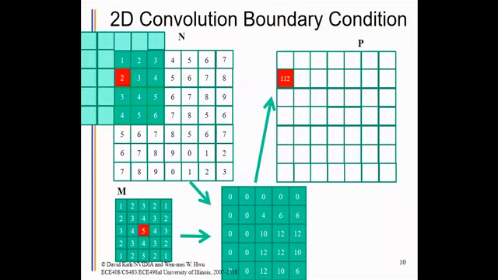2D convolution also has boundary condition problems, right? And it's actually worse. You can have the top edge, bottom edge, left edge, right edge, and also you have corners. So if you generate an output corner element here, almost everything is ghost.